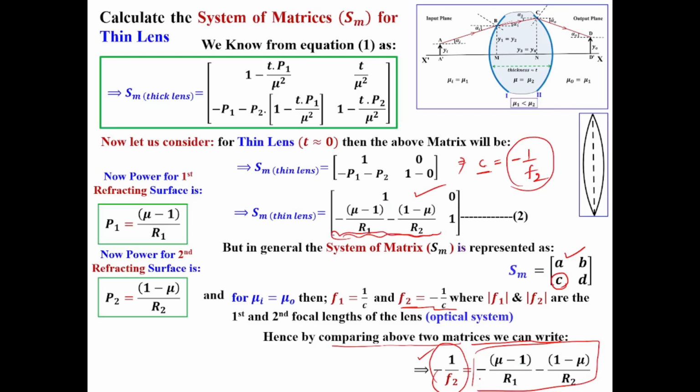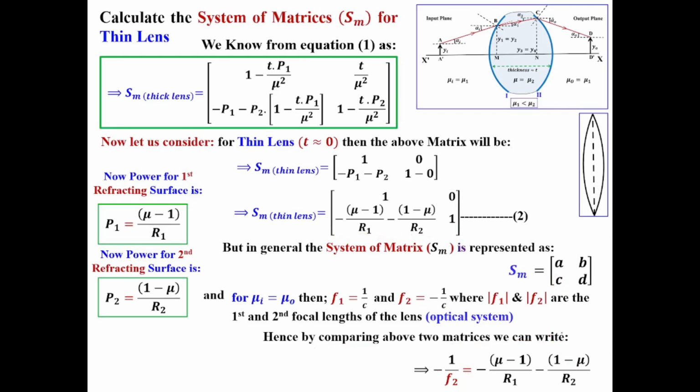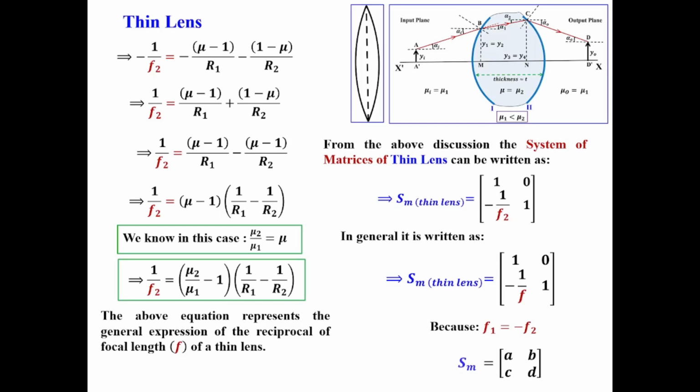As such I have written here minus mu minus 1 by r1 minus 1 minus mu by r2. You just remember this one. Okay, so that implies, the same equation I have written over here, 1 by f2 will be equal to plus mu minus 1 by r1 plus 1 minus mu by r2.